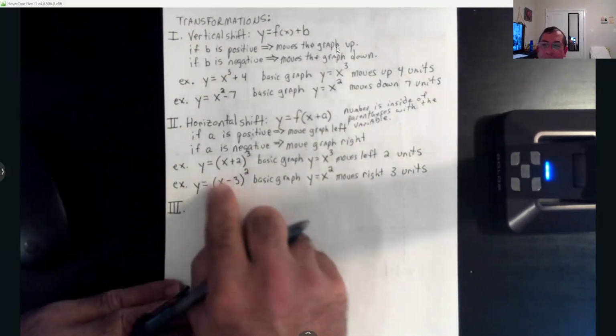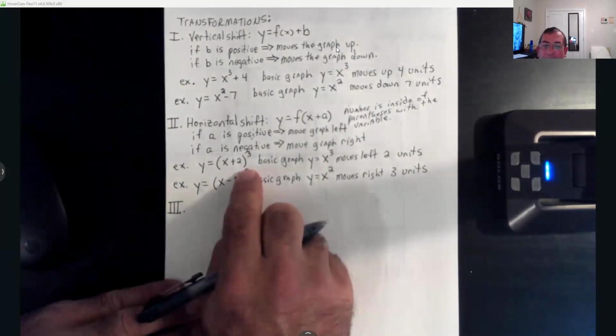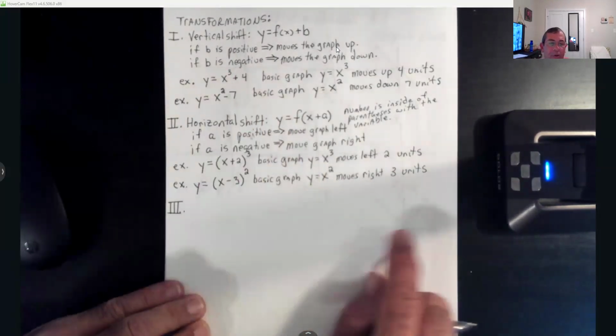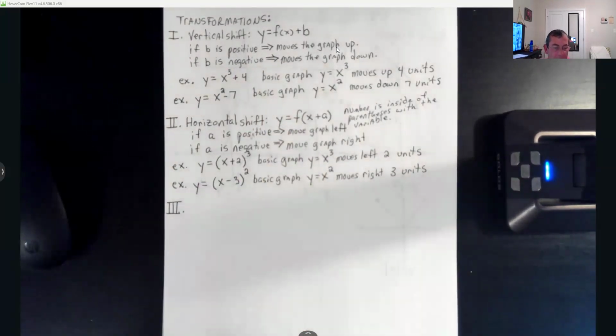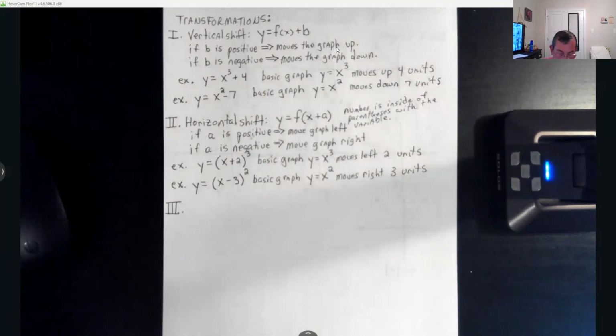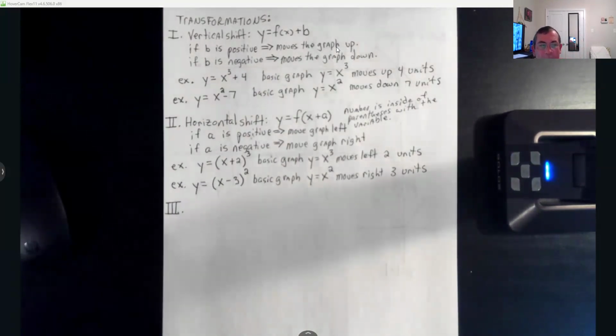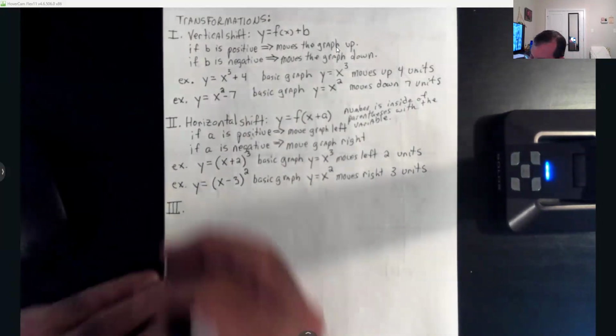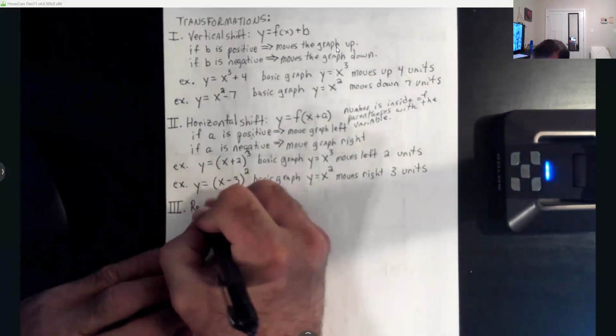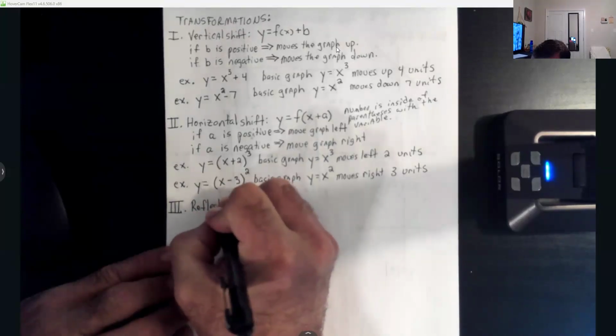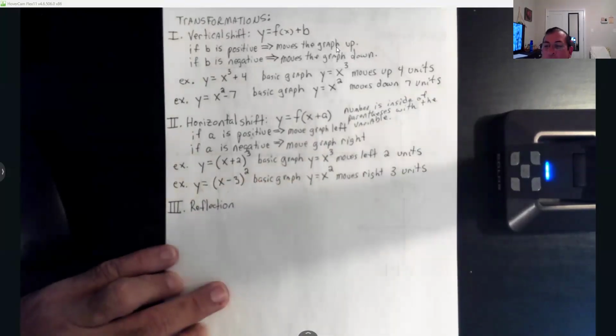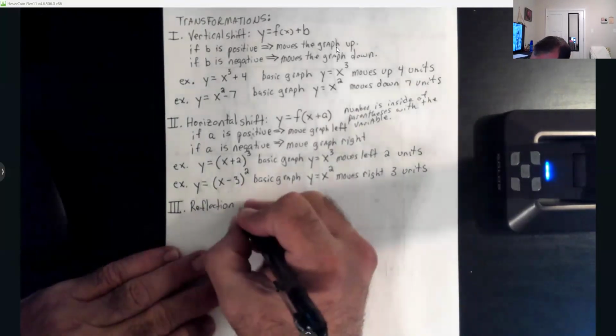So we got to look how they start out, figure out the basic graph, and then what's the moves happening to them, okay? All right, y'all, so the last move is our reflection over the x-axis.